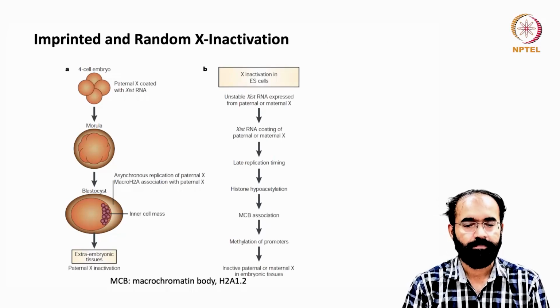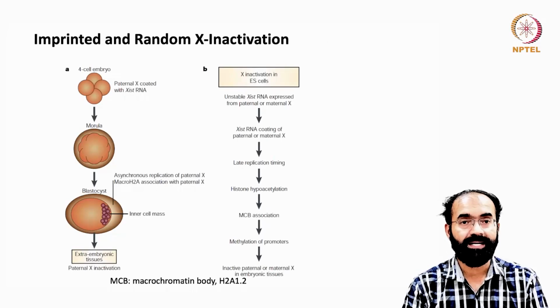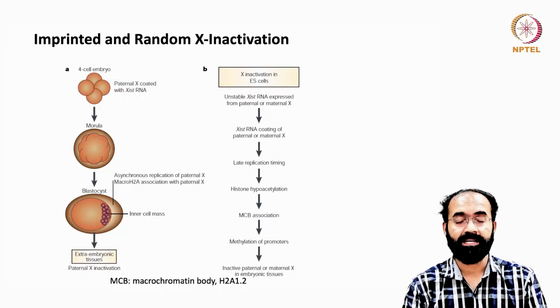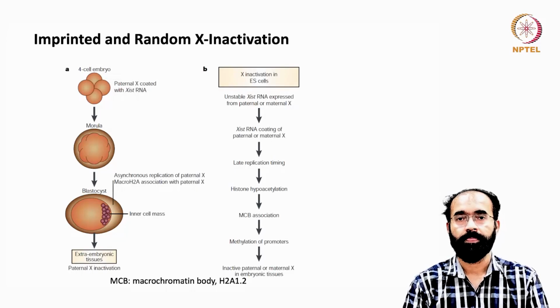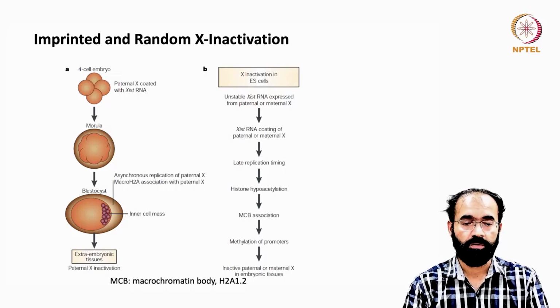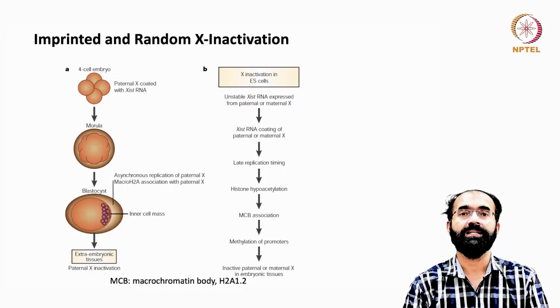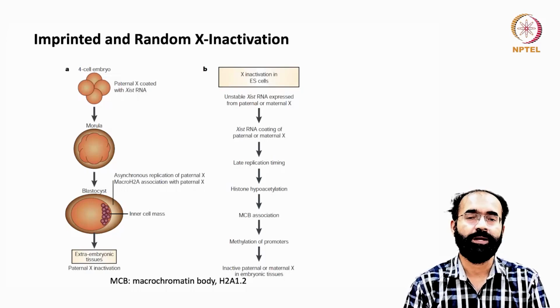Now let us see how imprinted inactivation and random X-inactivation differ. I already told you that imprinting is following a particular pattern with no obvious reason. It is following the same pattern as it has to. Like you may also see in some families, the grandfather was an MBA, the father is an MBA, the son is also an MBA.